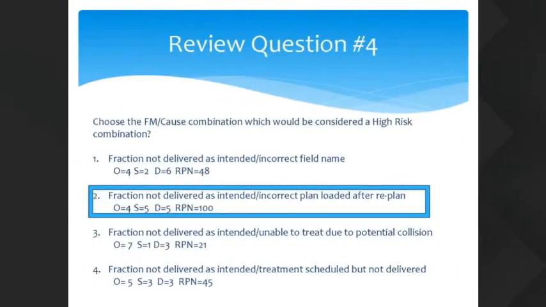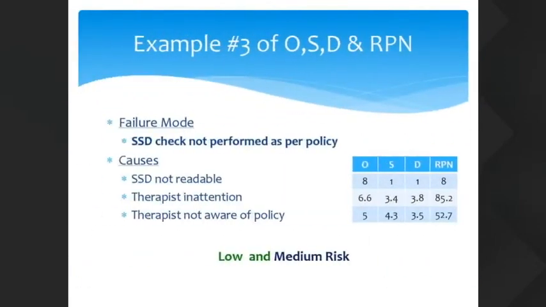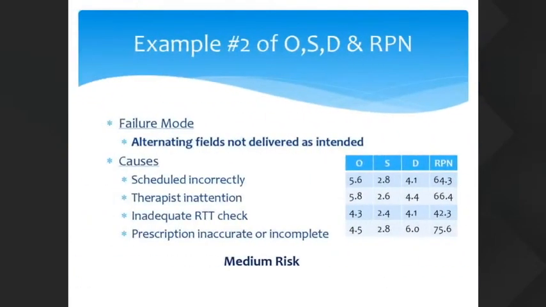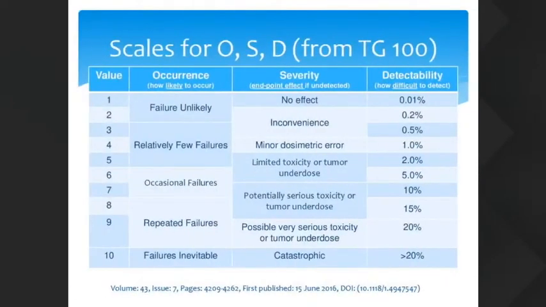It depends on the reaction that the patient is having, here's the severity, so no effect all the way to catastrophic. But how would you identify a minor dosimetric effect? It could be a minor dosimetric effect that really isn't going to have much of an effect on the patient.